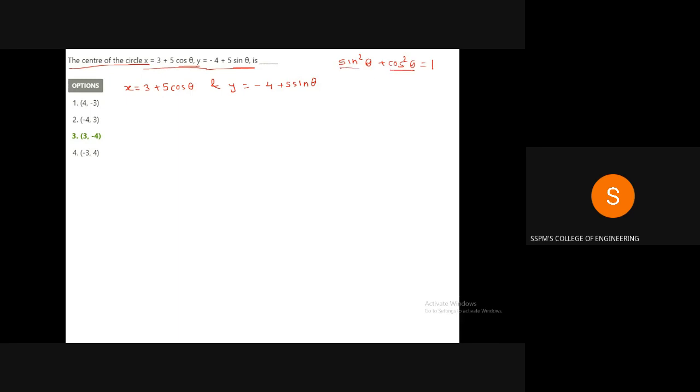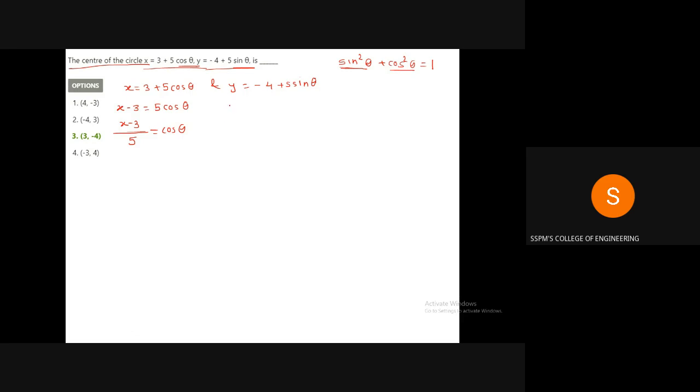Then we will use this identity to solve this. If we subtract 3 from both sides, we get x minus 3 is equal to 5 cos theta. Now we will divide the whole equation by 5. So we get x minus 3 divided by 5 is equal to cos theta.